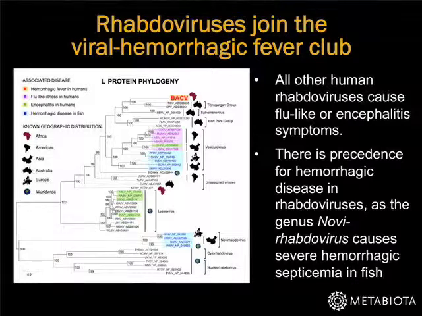There is a precedent for rhabdoviruses to cause hemorrhagic syndromes, but only in fish. In human infections, all rhabdoviruses appear to cause flu-like or encephalitis-like symptoms, like rabies. Rabies is a rhabdovirus. So this study shows that by paying attention to some of these unknown illnesses in these locations, we can discover new human pathogens, and hopefully that can help us prevent some of them.